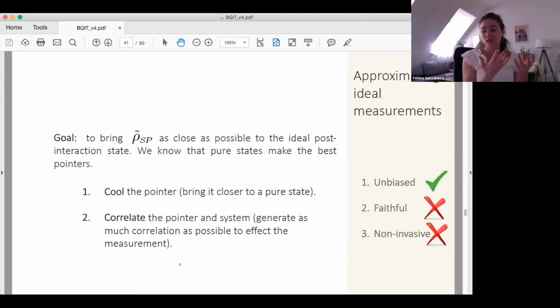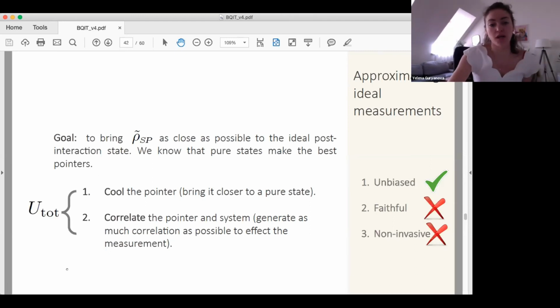In point one, the cooling part, what I actually want to do is lower the entropy of the pointer via a rank non-increasing map. That's the precise thing that I want to do, but what I will do is just use a quantum refrigerator because that is well understood and quantifiable, and there are many results on this.